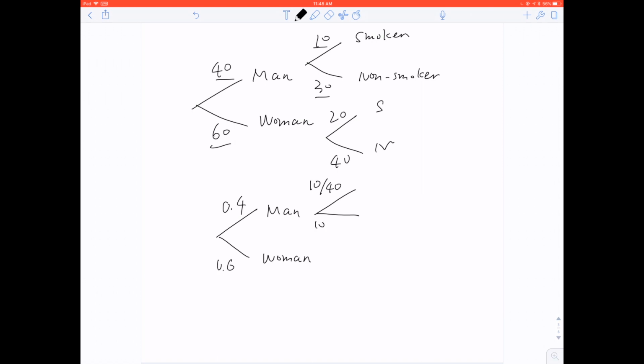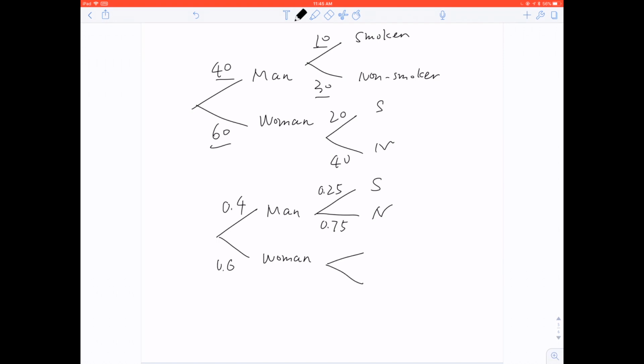And similarly, you use 30 over 40 to calculate the proportion of non-smokers. So smoker, non-smoker. And of course, if you are willing to do some math, 10 over 40 will give you 1 over 4, which is 0.25. And similarly, you can get 0.75 in the lower branch.